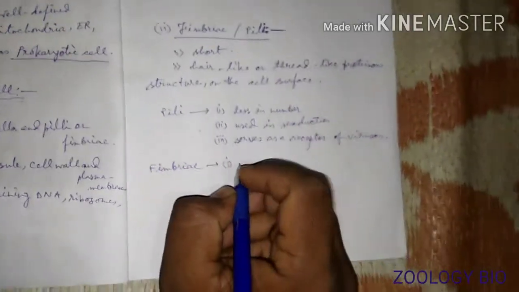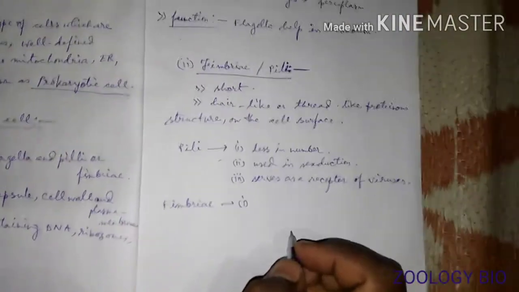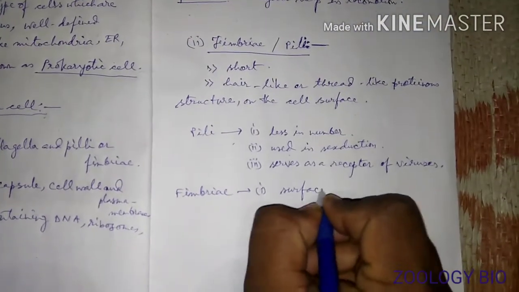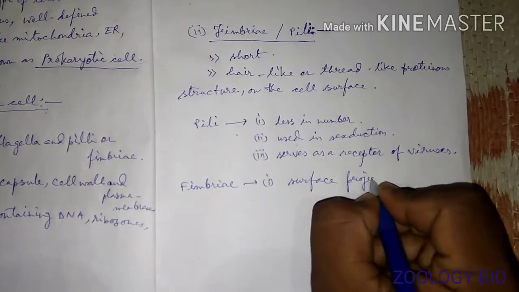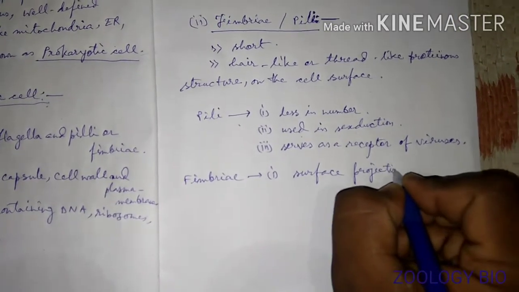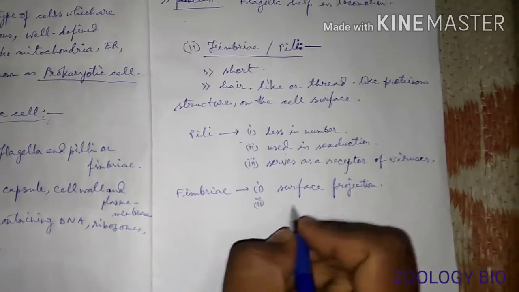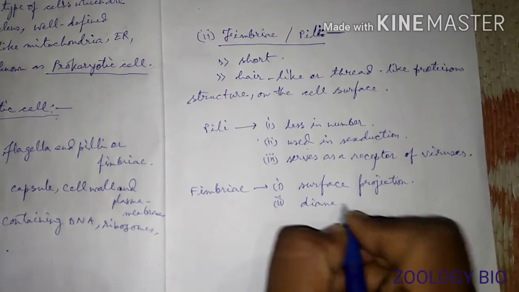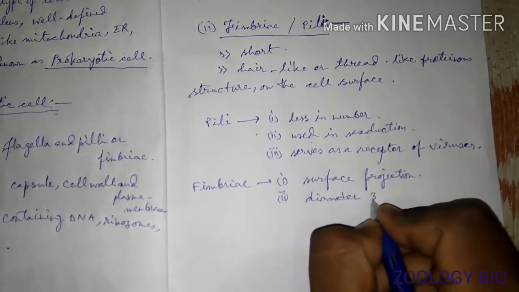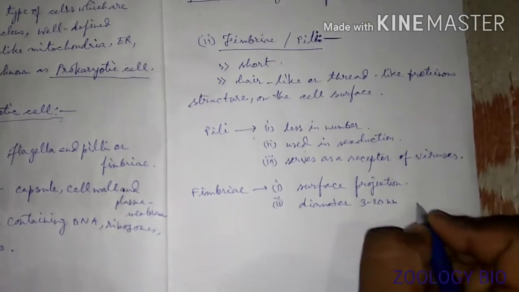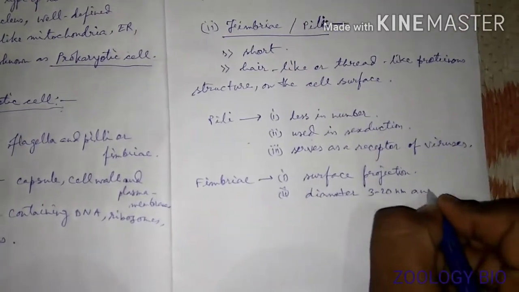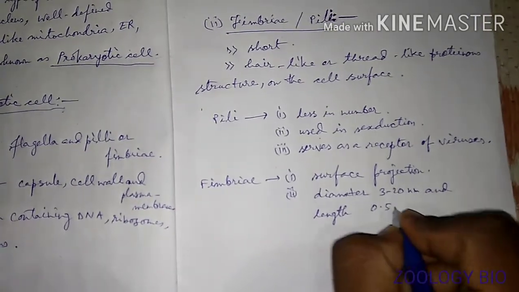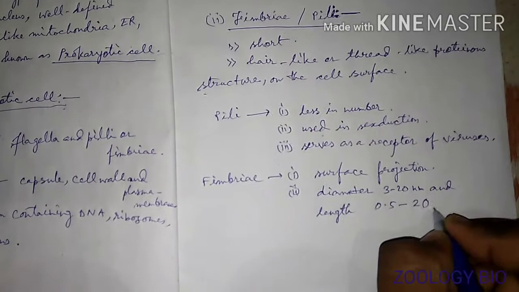And the fimbriae are also surface projections. Their diameter is about 3 to 20 nanometer and length is about 0.5 to 20 micrometer.